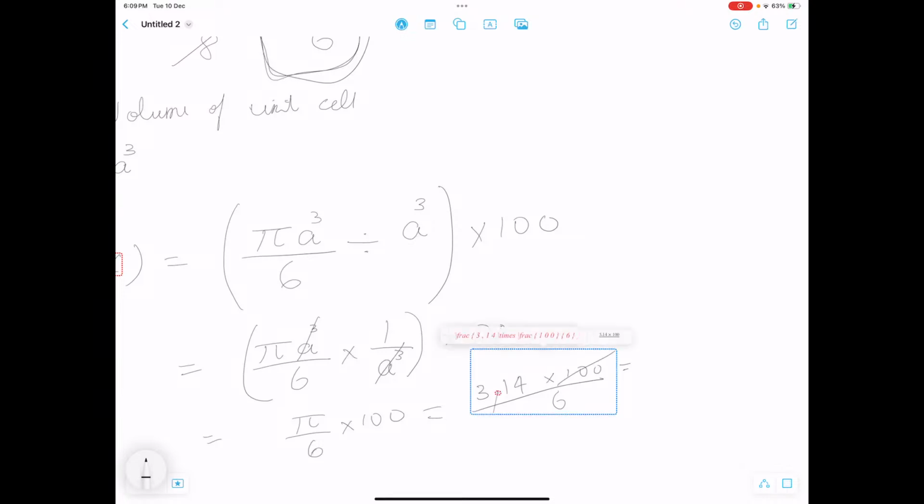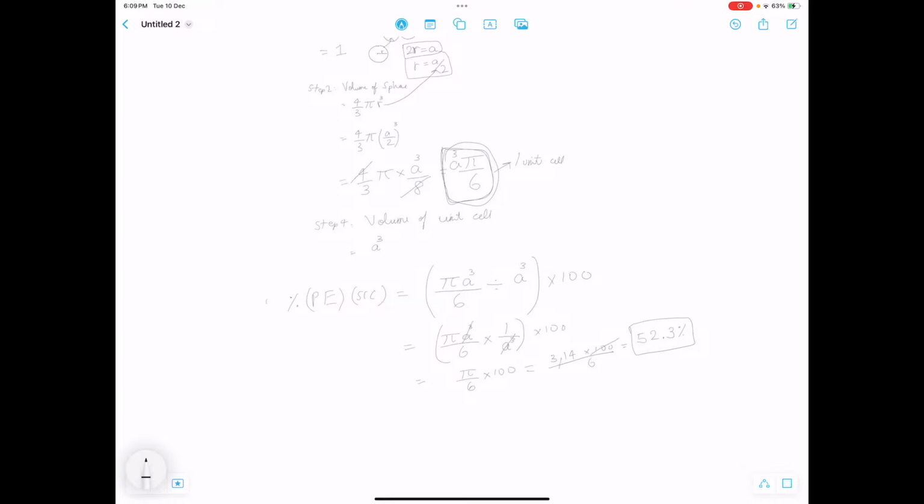Now divide this. 6 5s are 30. 1 4. 6 2s are 12. 2 remainder, you add a 0. 6 3s are 18. It's 52.3%. This is the percentage packing efficiency of SCC, which is simple cubic structure.